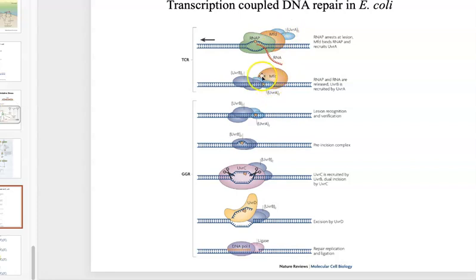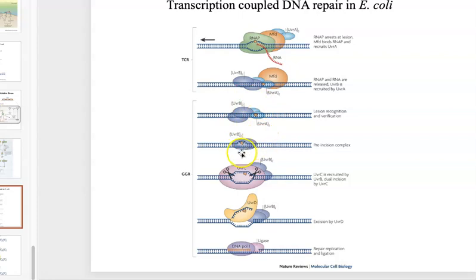This complex, UvrA dimer and Mfd, provokes a dimer of UvrB to bind. And in this particular case, that's lesion recognition and verification. So Mfd can now go away, and now you've got this complex.